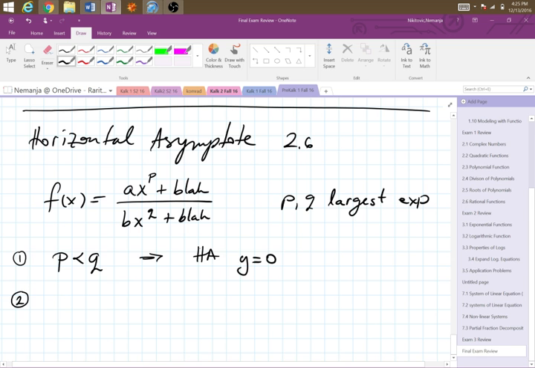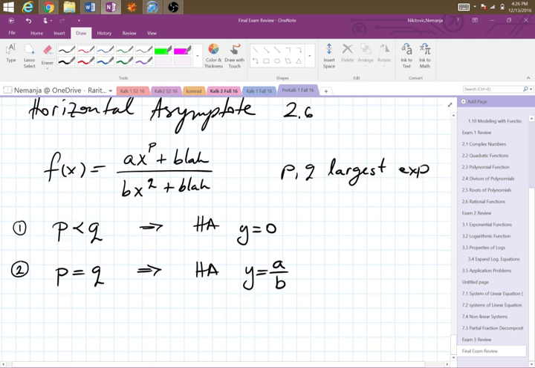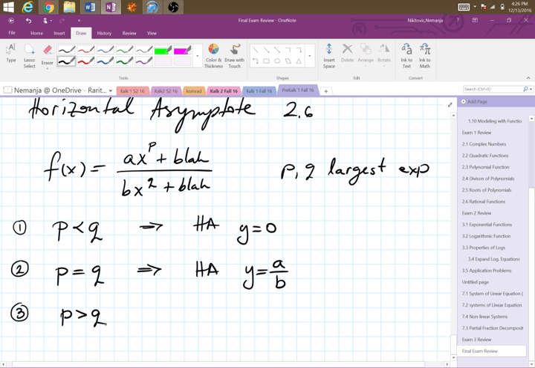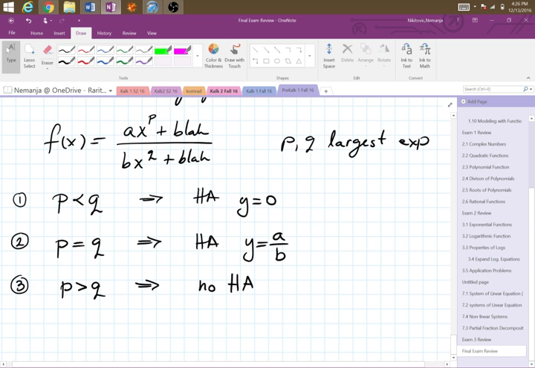The second one is when p is equal to q, the horizontal asymptote is at y equals a divided by b. And the third case is when p is bigger than q, there is no horizontal asymptote, but we have to be careful when p is exactly q plus 1, we have a slant. Only if it's just plus one.